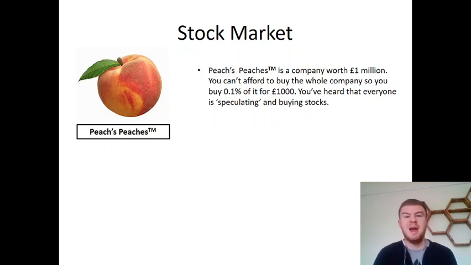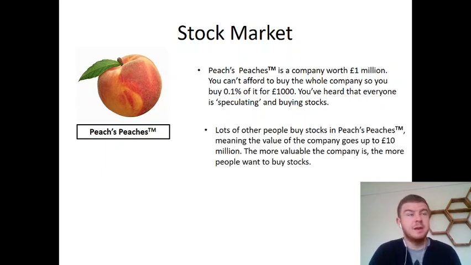You've heard at this time that everyone is speculating and buying stocks, so you invest in Peaches because you love peaches so much. Now, Peaches is such a good company that other people want to buy stocks in Peaches. So the value of the company goes up to 10 million. That company is making more profit, so you might gain more dividends because you own a very small part of it, but the company is becoming more valuable.